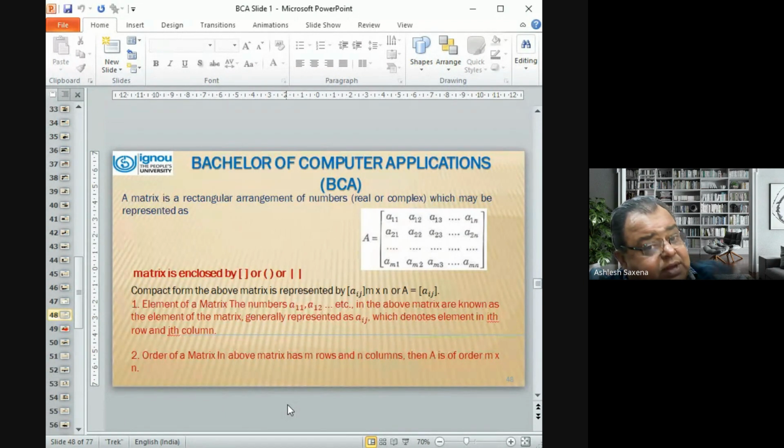Number of rows will come first and number of columns will come later. It is represented by m cross n. M means the number of rows and N means number of columns. That means number of rows cross number of columns.